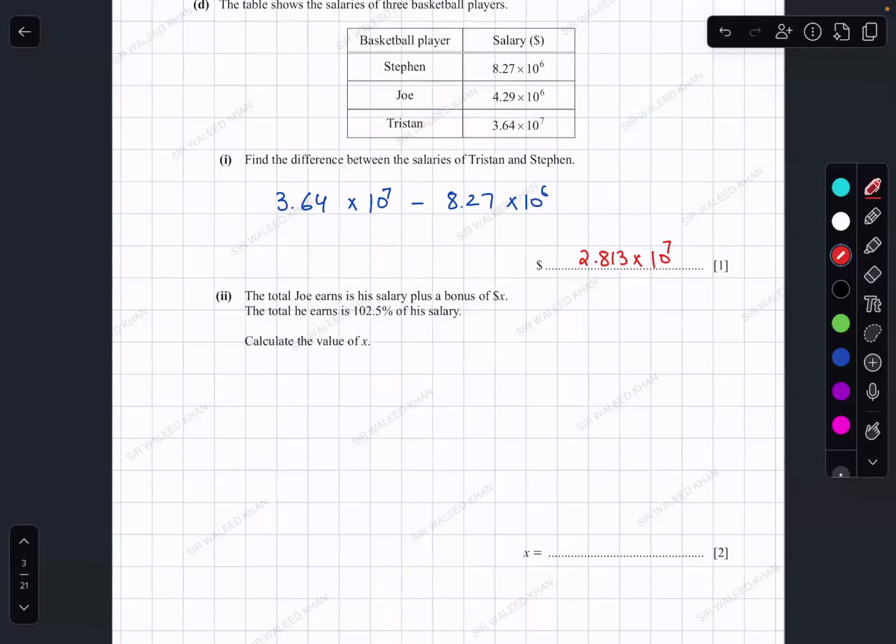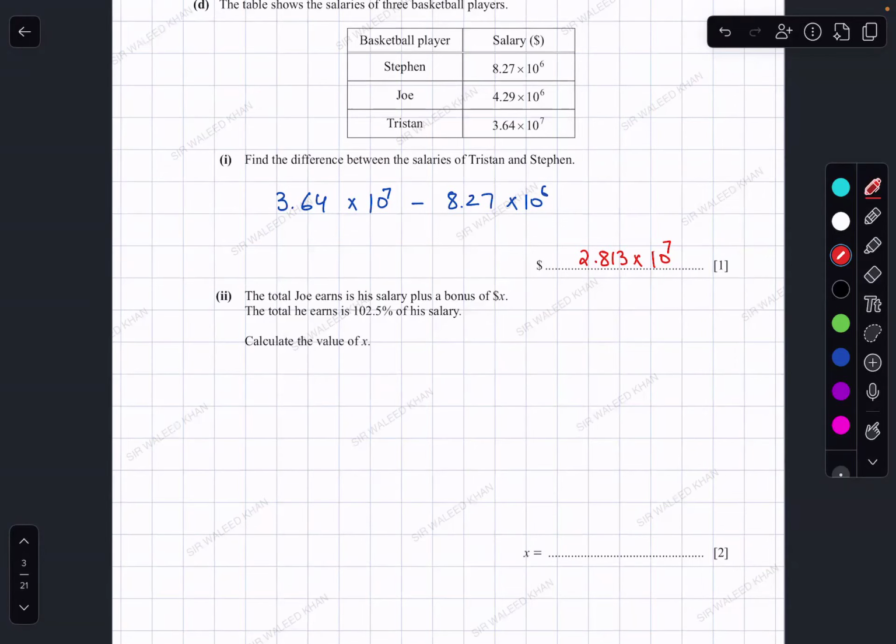The total Joe earns is his salary plus a bonus of X. So whatever he is earning is his salary plus a bonus of X. The total he earns is 102.5% of his salary.